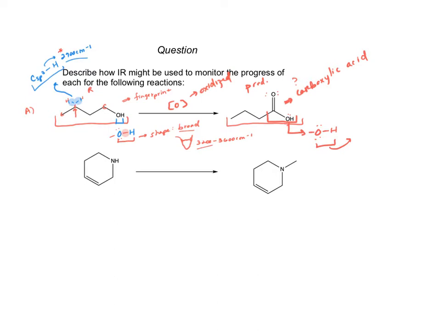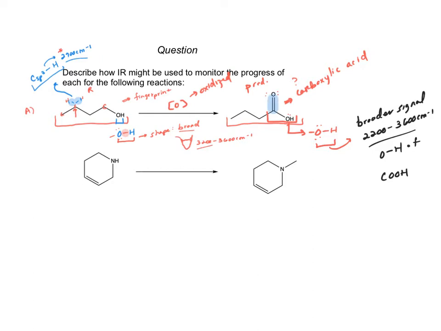So we're going to get an even broader signal, and that broader signal is going to be between 2200 and 3600 inverse centimeters for specifically this OH of the carboxylic acid, the COOH, okay? Another big indicator is going to be from this guy, right?